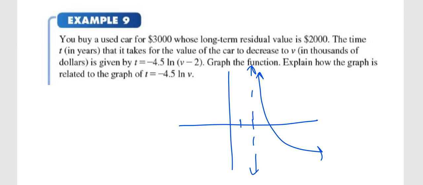Why does it look like this? It says the long-term residual value is $2,000. That means as time goes on, it's going to stay close to $2,000. Will it go below that?